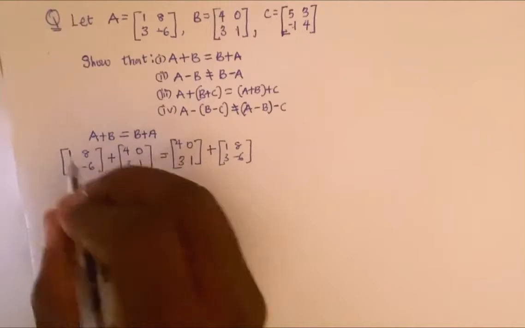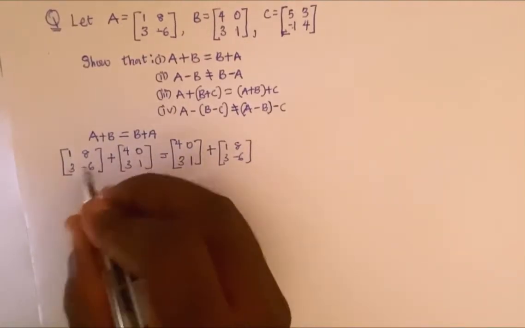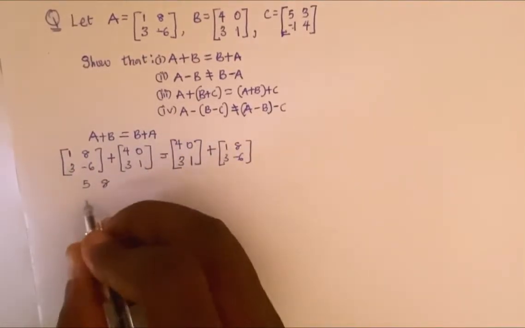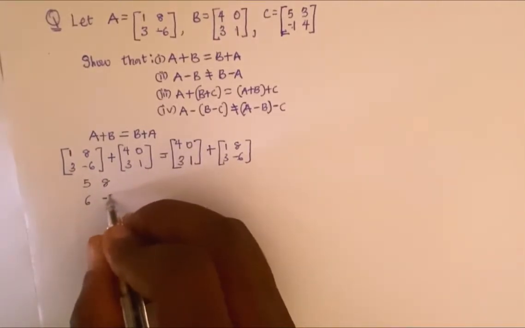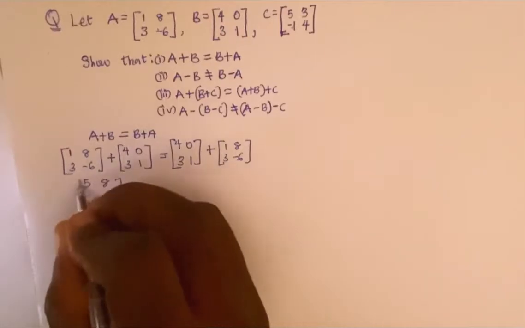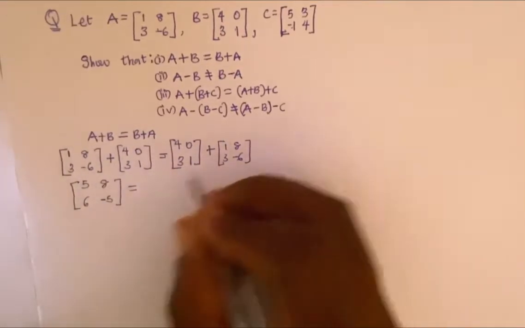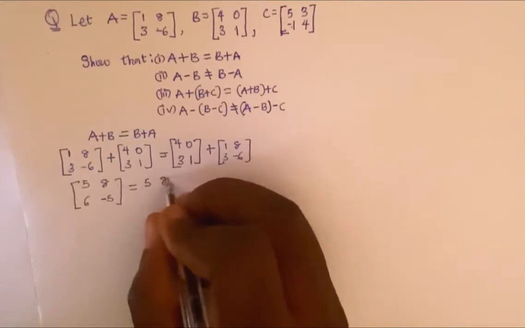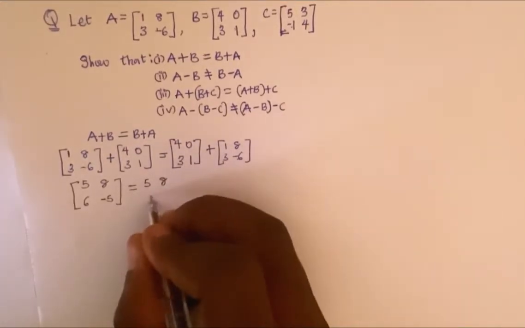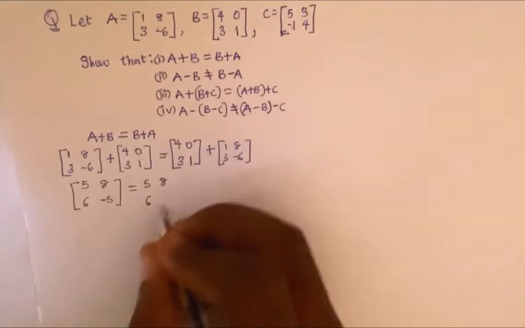Now 1 plus 4 gives 5, 8 plus 0 is 8, 3 plus 3 is 6, and minus 6 plus 1 is minus 5. Is it equal to 4 plus 1 giving 5, 0 plus 8 is 8, 3 plus 3 is 6, 1 plus minus 6 is minus 5?